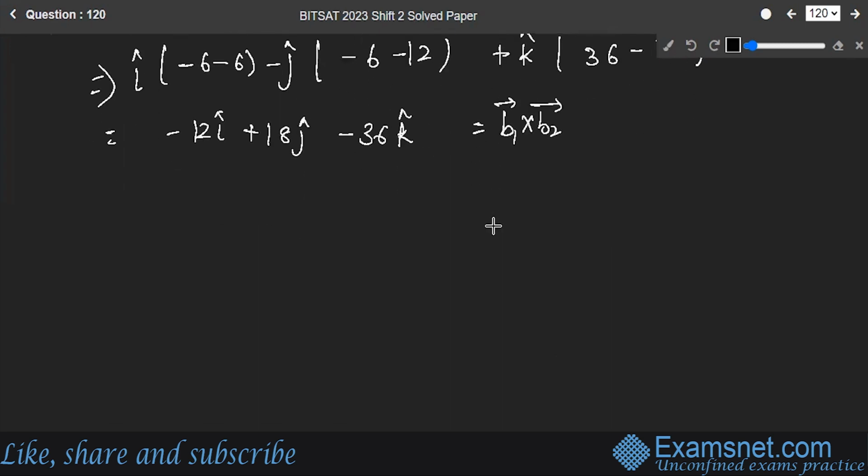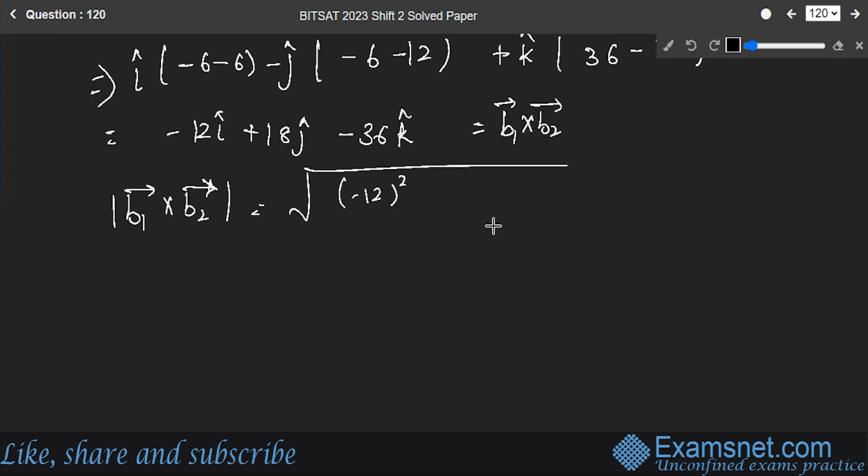Let's find the magnitude of b1 cross b2. Its magnitude is the root of this plus this, which gives me root of 1764.